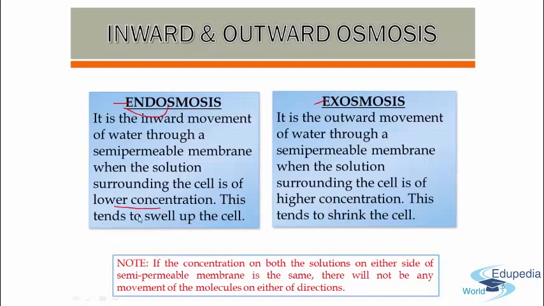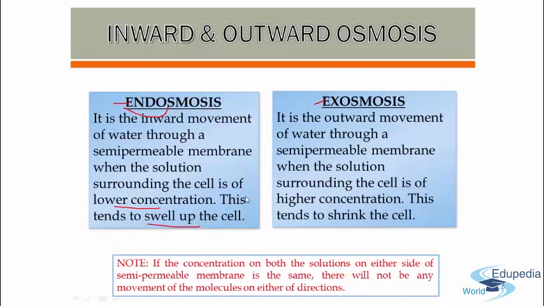This tends to swell up the cell. These three points are very important: endosmosis is an inward movement of water and it occurs when the cell is surrounded by solution that is of lower concentration. And what happens in this case? The cell swells up.